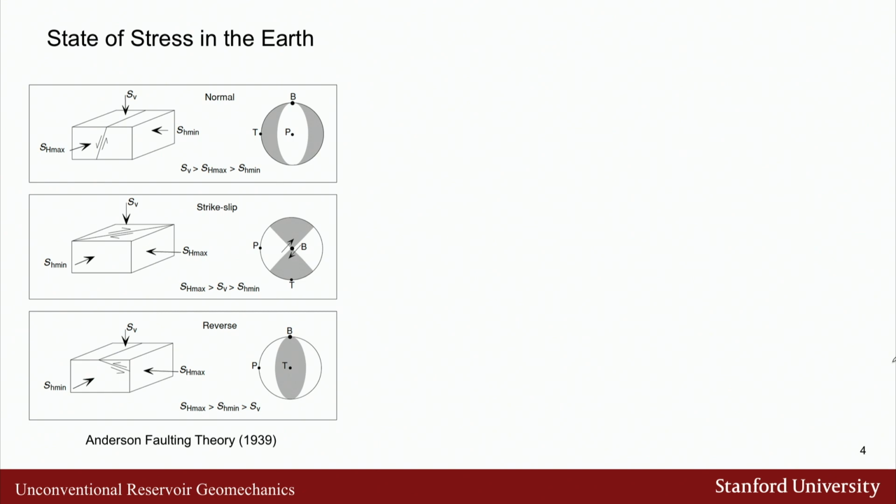Of the 3 principal stresses, the vertical stress, which results, as we'll see, from the overburden, is the largest stress in normal faulting. It's the intermediate stress in strike-slip faulting, so the maximum horizontal stress is larger than the vertical stress. And in reverse faulting, the vertical stress is the smallest stress. So as we go from normal to strike-slip and strike-slip to reverse, stress magnitudes are progressively increasing.